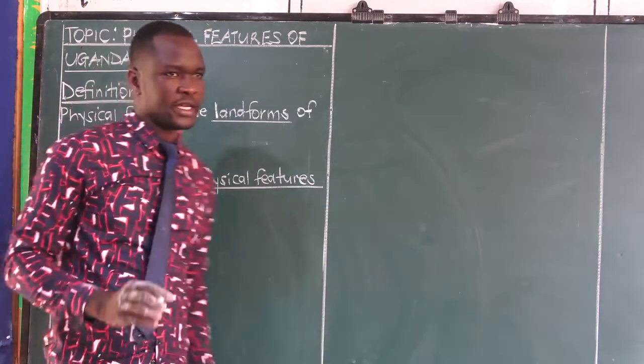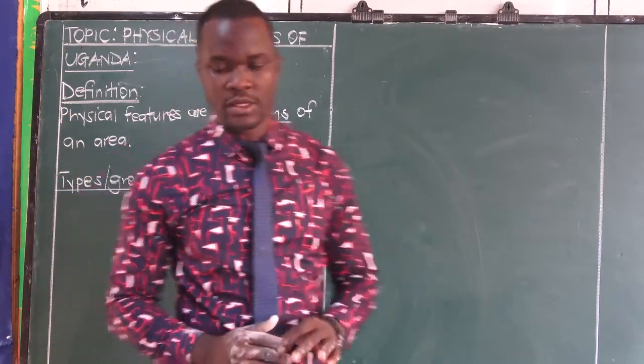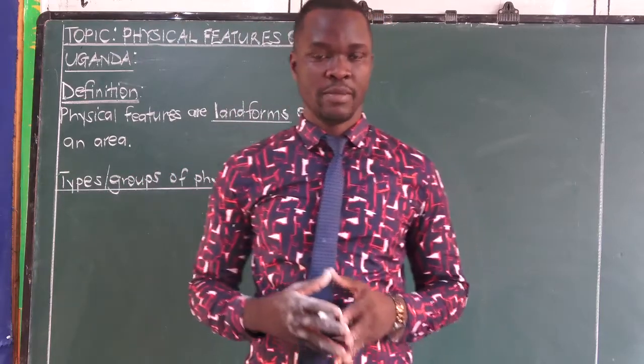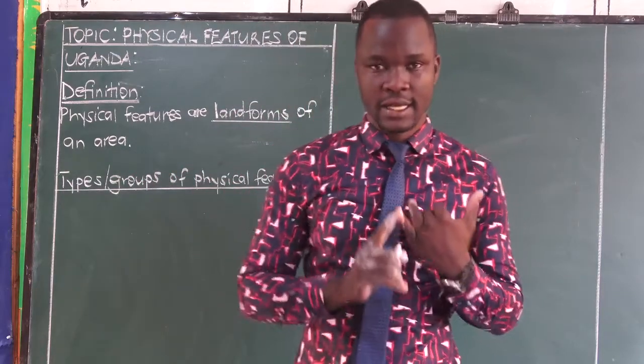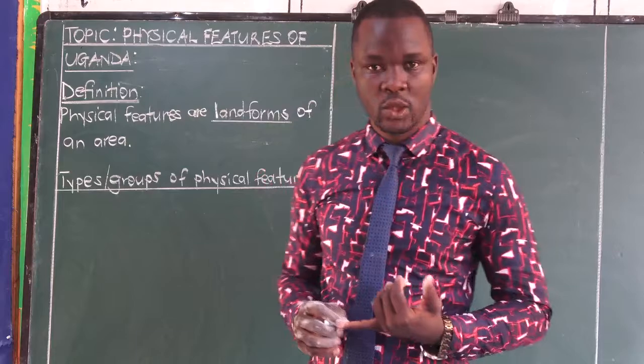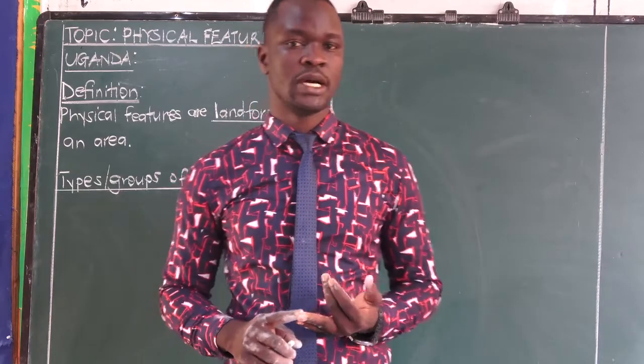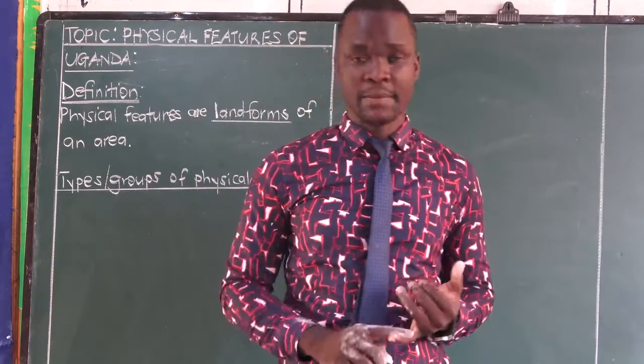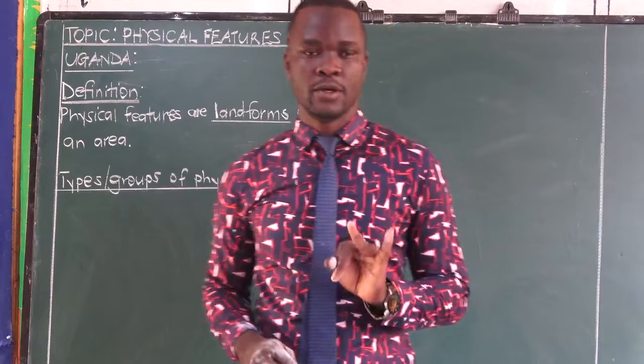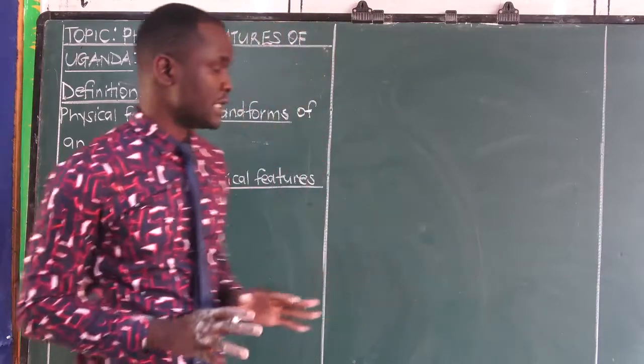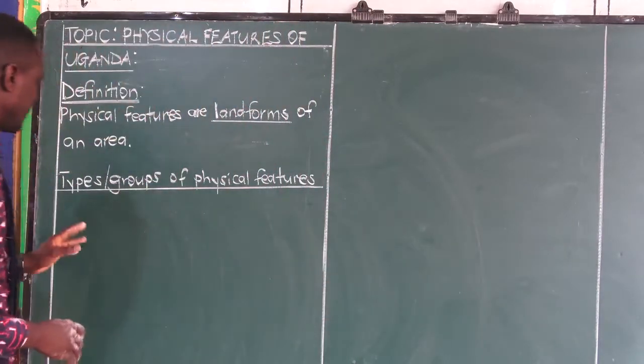I want you to be very careful with this heading, because sometimes we children end up mixing these things. We are having the types of physical features, and then we are going also to look at the examples. The types are different from the examples. So those are two different things that we shall be looking at. First, we are beginning with the types.